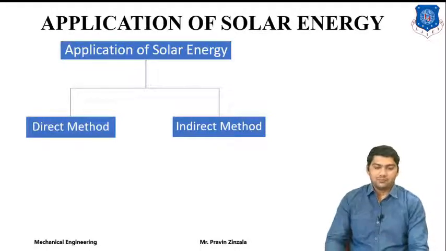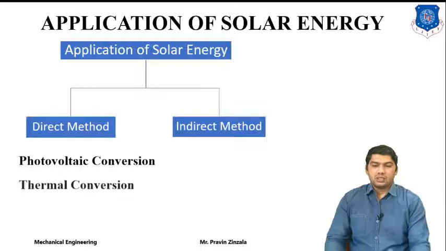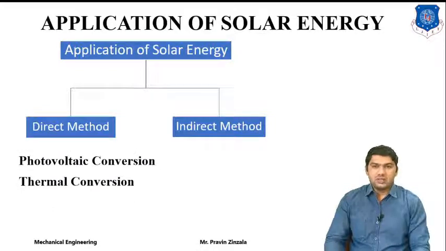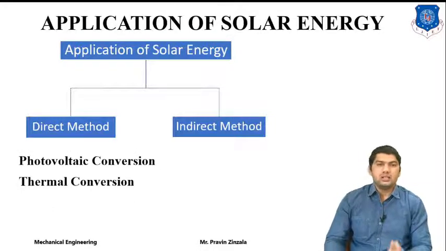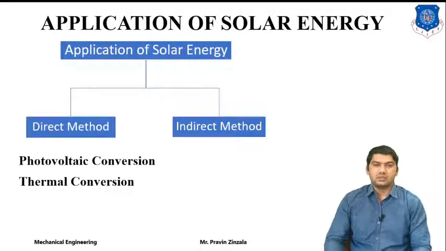The second method is thermal conversion, meaning conversion of solar energy into heat. Examples of solar thermal conversion systems are solar water heater, space heating, solar dryer, solar distillation, solar refrigeration, and solar air conditioning.